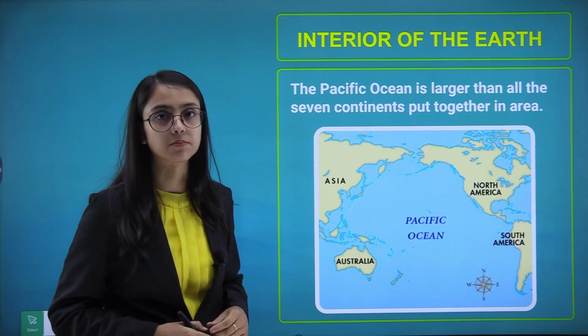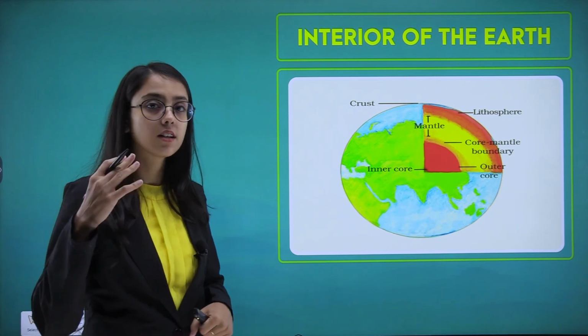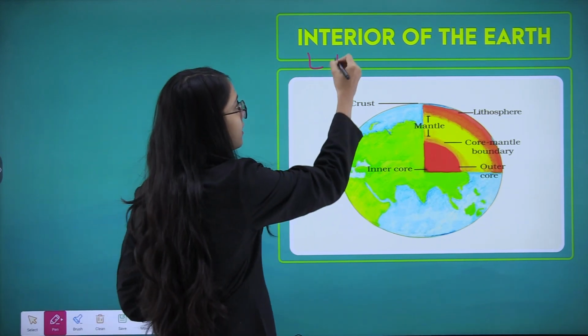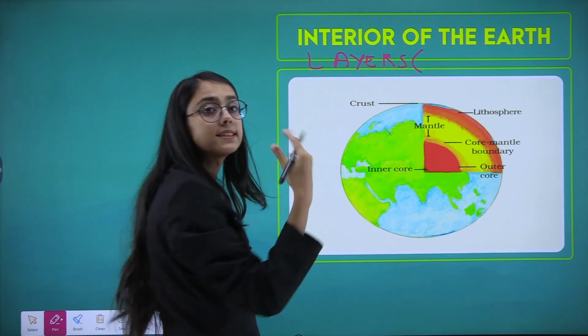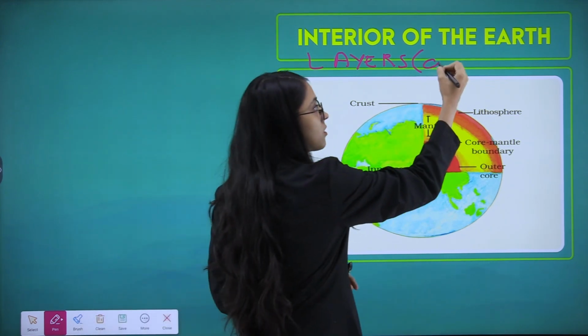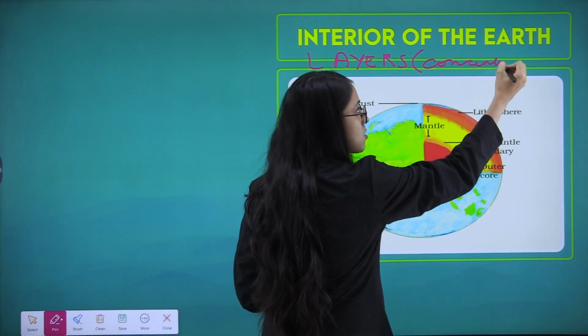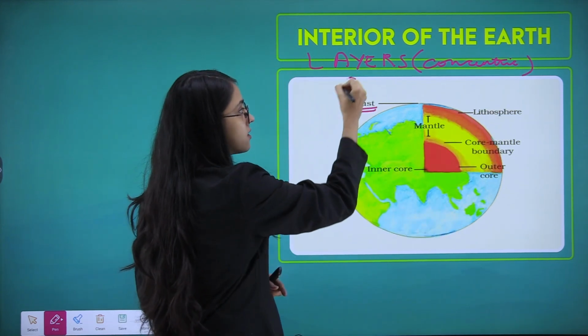ocean in the world. Now, as we were talking about, the interior of the earth is made up of layers, and these layers are concentric in nature. That means that they are joined together. Now, the topmost layer is the crust.